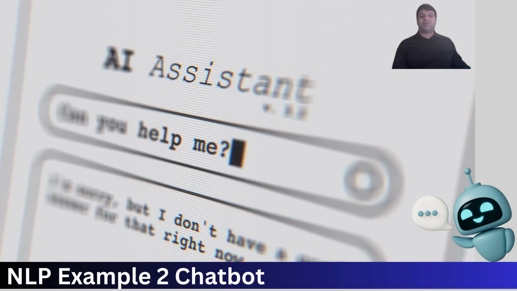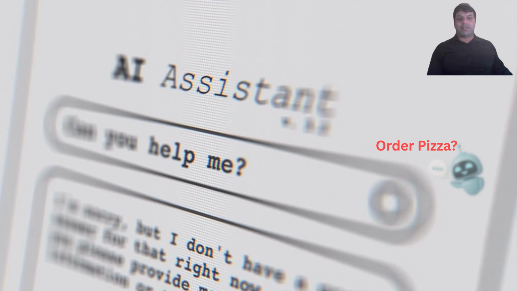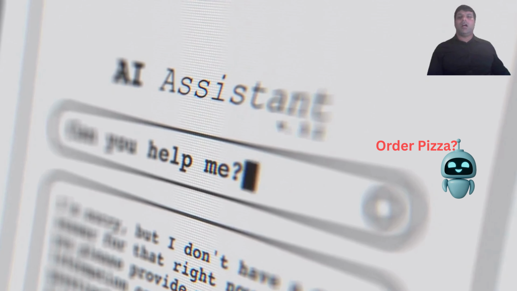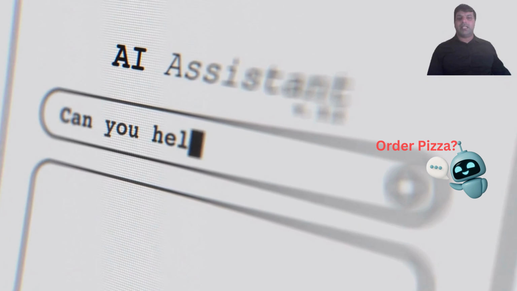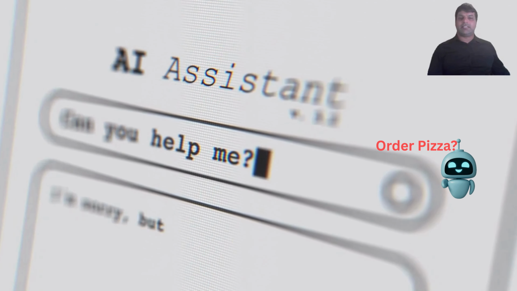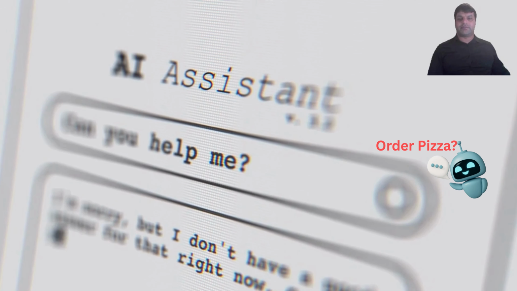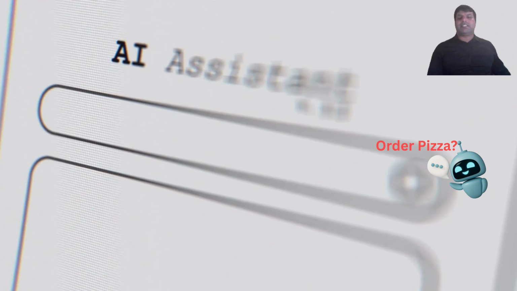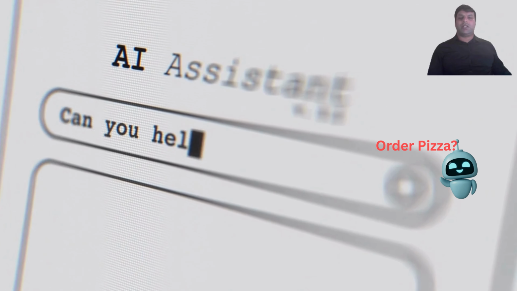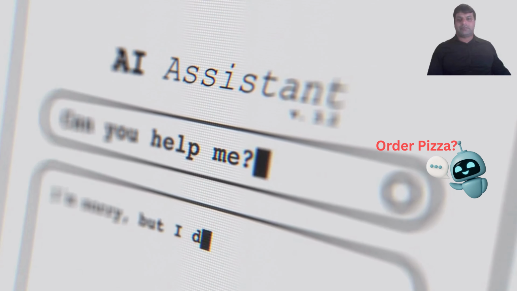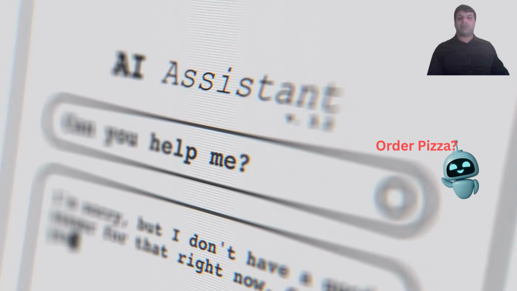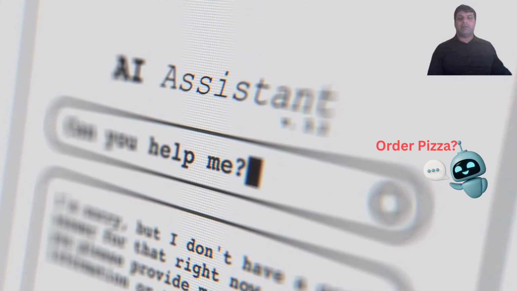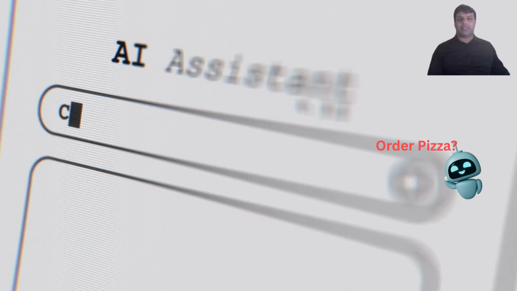Maybe a chatbot helping someone order pizza from home. All of this is possible because of NLP techniques working behind the scenes. Why are chatbots popular? Because they save time, reduce workload or human effort, provide 24 by 7 availability, and improve user experience.